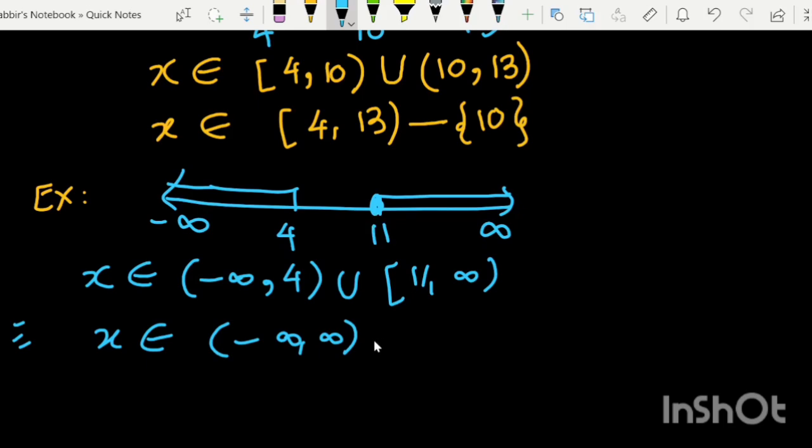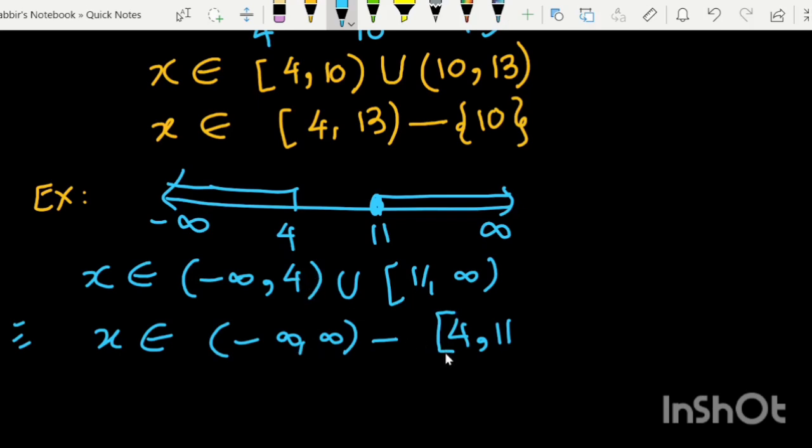So here we will subtract, we will use this minus sign in representing the solution 4 comma 11. Now my question to you guys is, here will a square bracket come or a round bracket come? 4 must not be a solution, so we are subtracting 4. So if you take a square bracket, 4 would be excluded from this, which is correct.